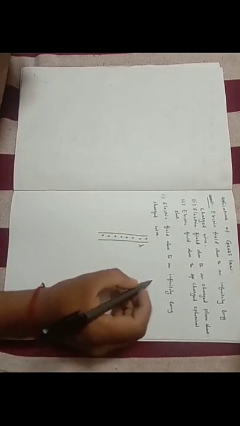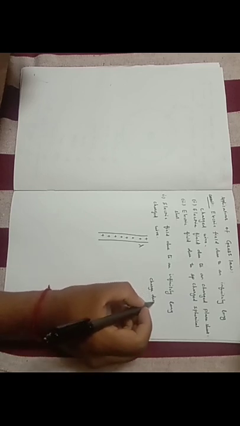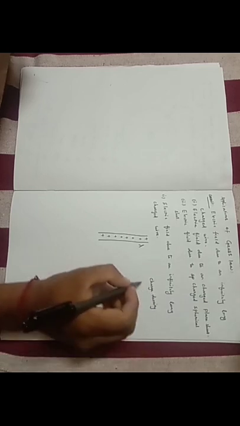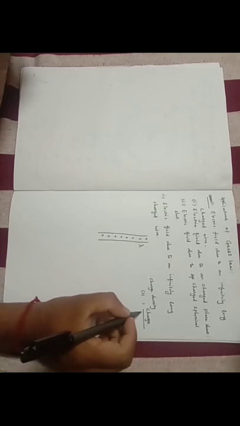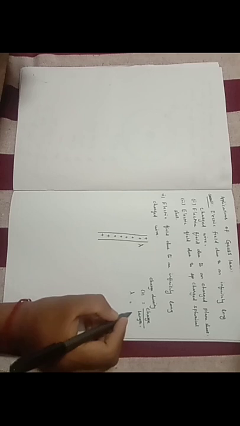What is the charge density? Already you know the formula. Charge density lambda is equal to charge per unit length, so we can write lambda is equal to Q divided by L.